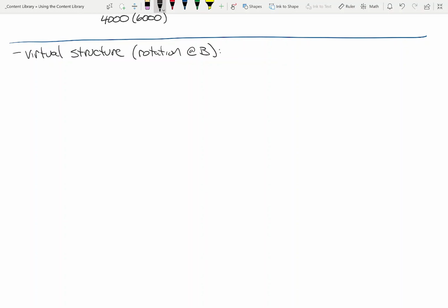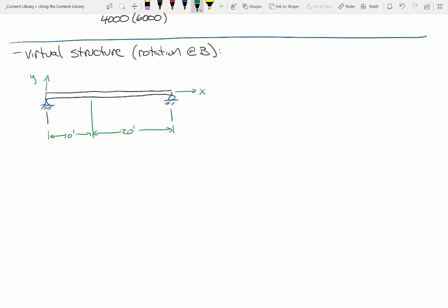So for the rotation at B, what we're going to have is, again, same type structure, coordinate system. We're going to have reactions here. We're going to have coordinates. And this is A, B, C.